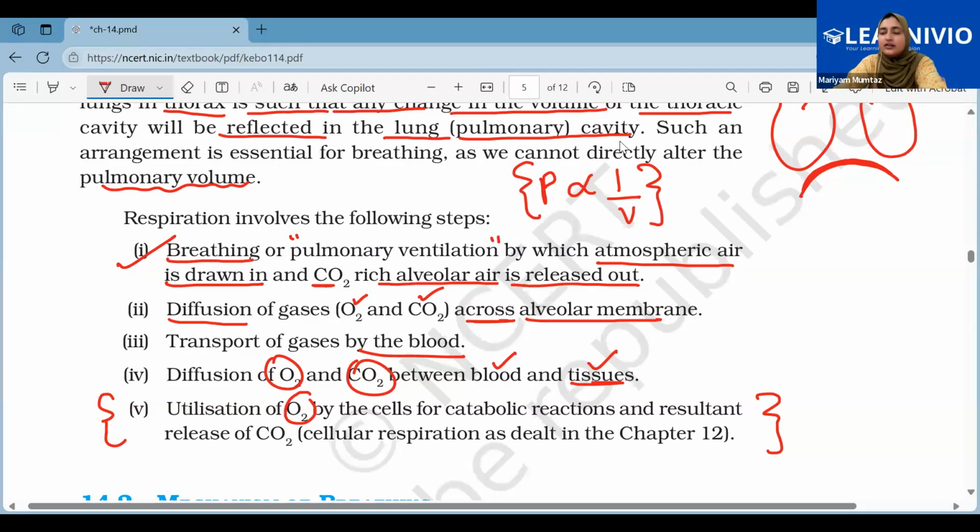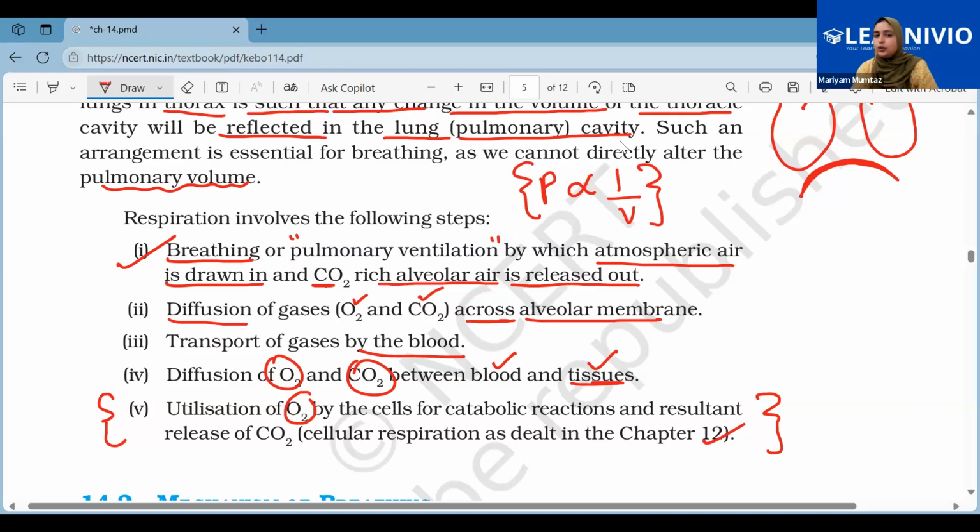You people might have learned exothermic, endothermic. So exothermic reactions are catabolic reactions, the ones accompanied by the release of a lot of energy. Clear? This part is not there in this chapter. It will be there in a different chapter, chapter number 12, that is respiration in plants. Up until now, we have seen.